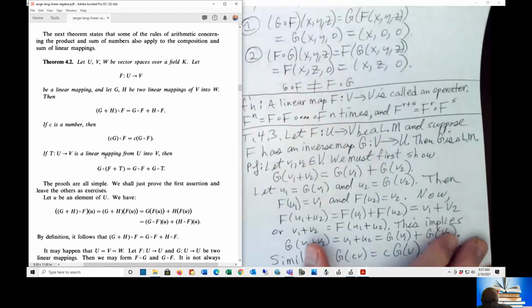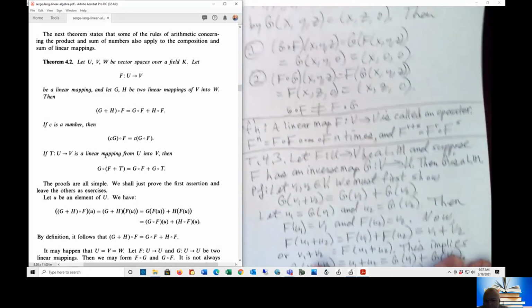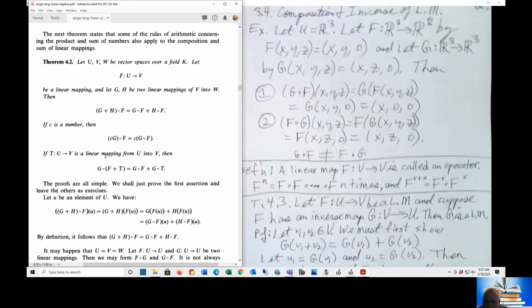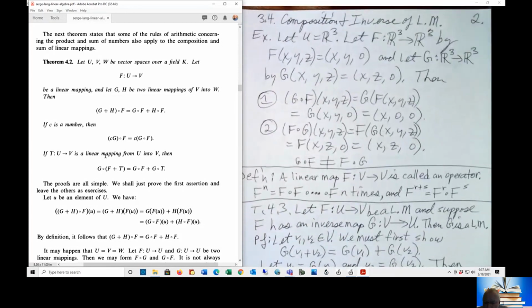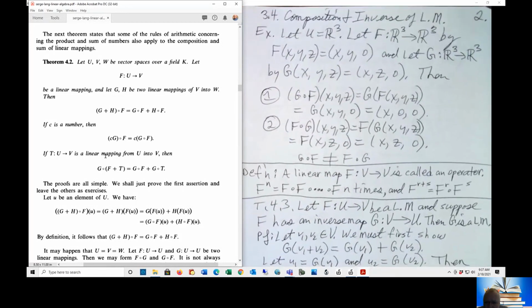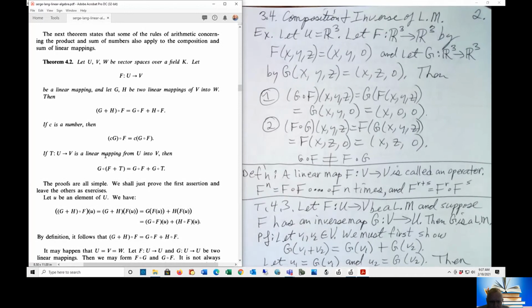But let's look at the following example where the compositions in opposite directions are not the same thing.